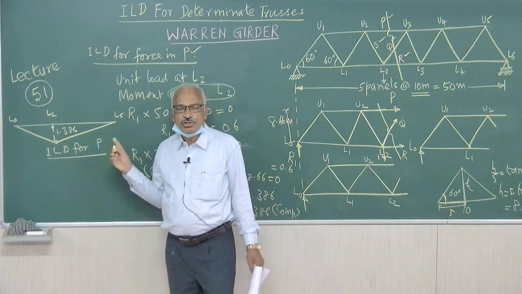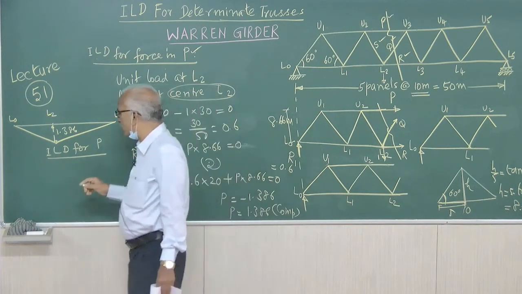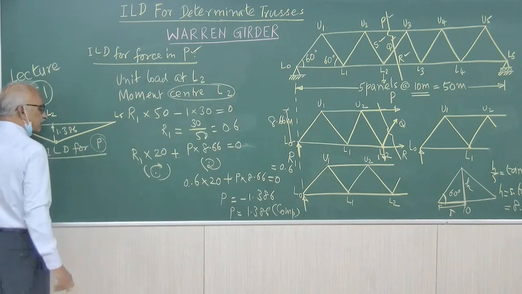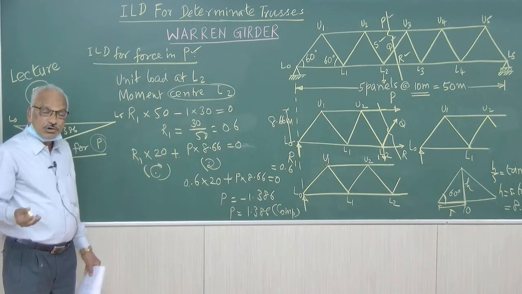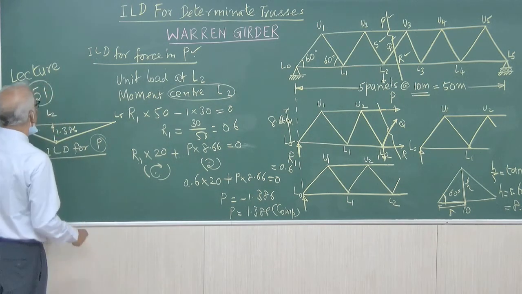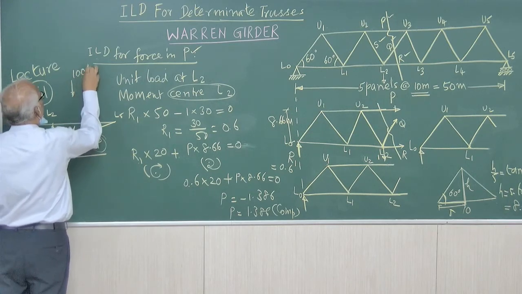This is due to a moving unit load, right. What is the force in the member? The force in the member P will be maximum when the external load is applied where the ordinate is maximum. So, it is traversed by a 100 kilonewton force.